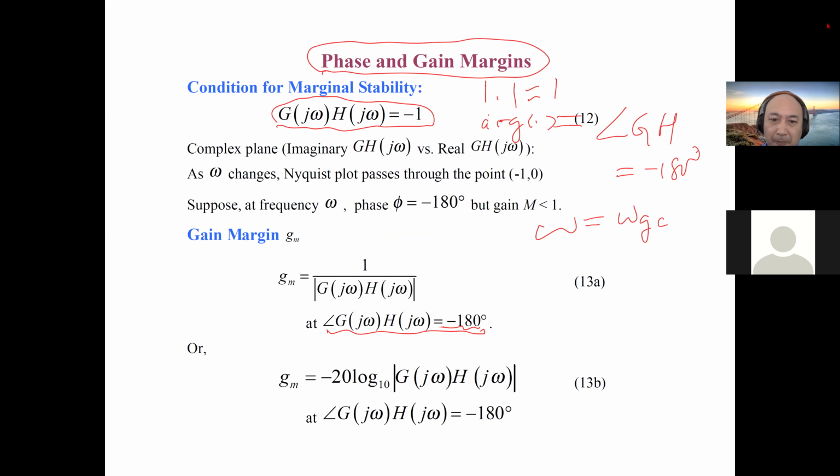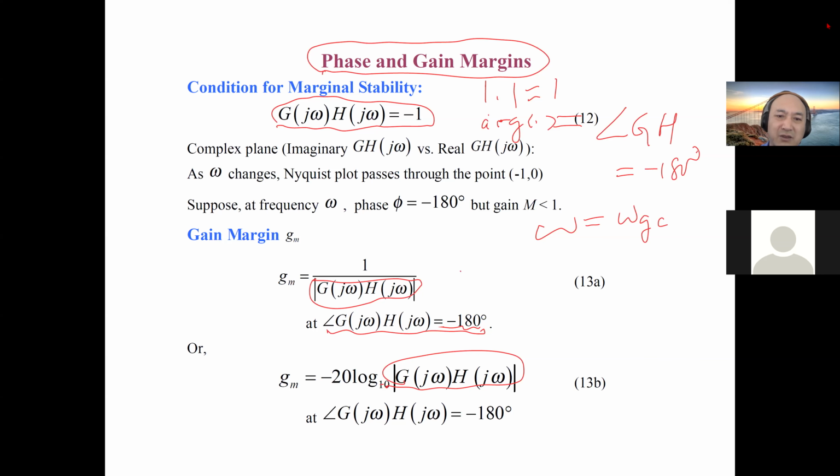So then we say that's the dB, okay? So this one is definitely less than 1, because everything is. So then we call this the gain margin. It's less than 1, or 1 divided by gain margin.